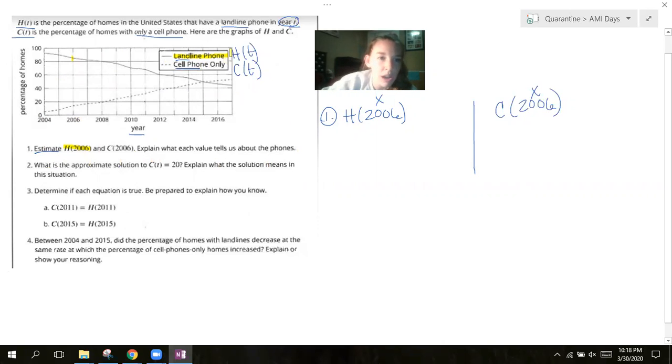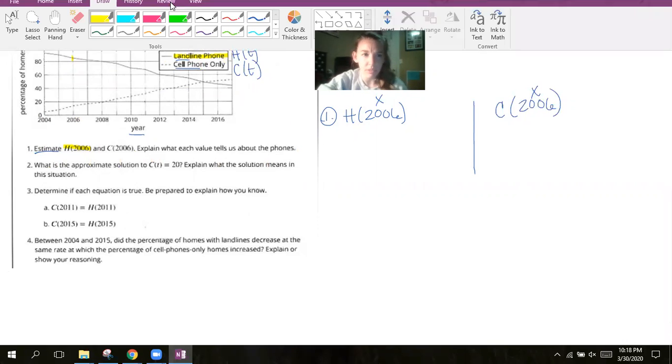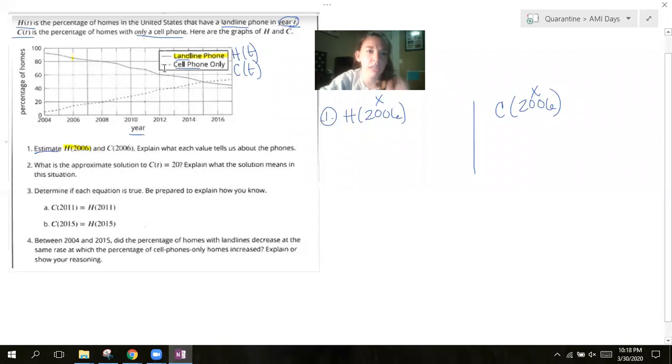I can see that it's between 80 and 100. That point right there, halfway would be 90, so it's a little less than 90. So I'm going to say H of 2006 is about 85. Then it says explain what each value tells us about the phones.